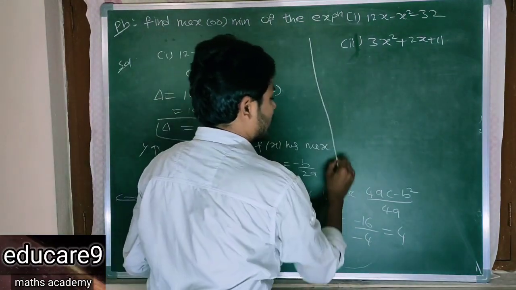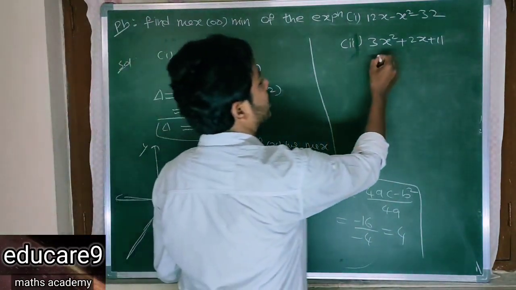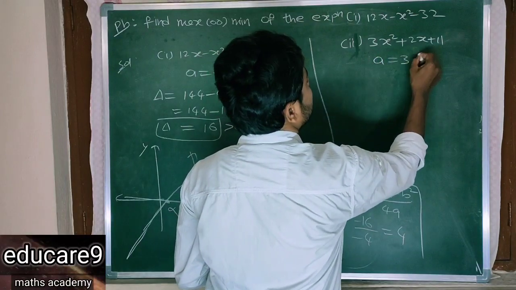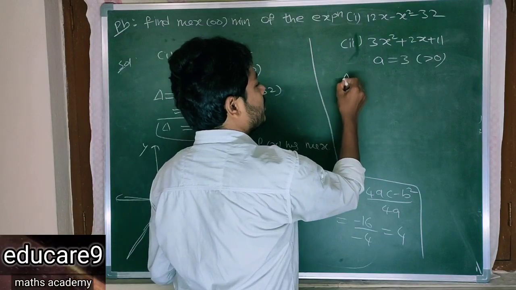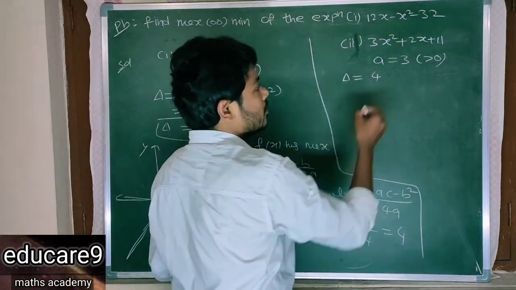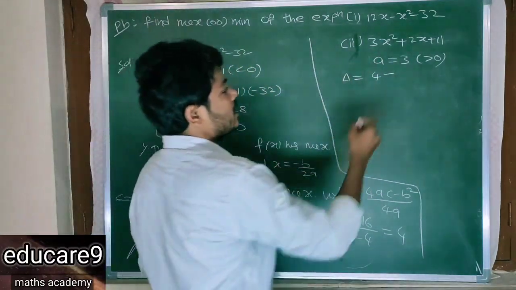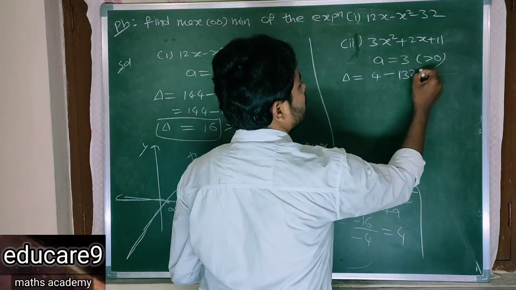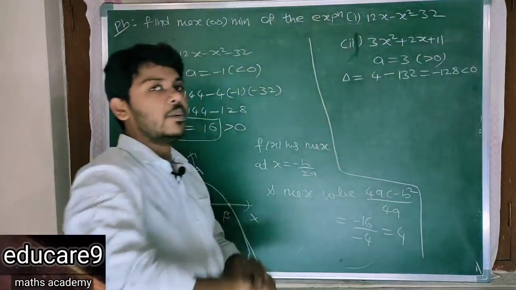And see the second problem. Here a is equal to 3. So clearly it is greater than 0. And b square minus 4ac, that is delta, is 4 minus 4ac. This is minus 128. So clearly this is 128, less than 0.